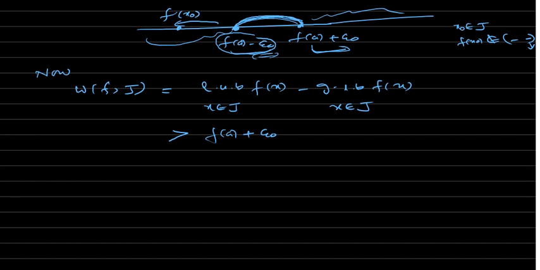So the least upper bound must be a number greater than this, and the greatest lower bound must be less than this number. Here we have f of a. The least upper bound must be greater than this number, and the GLB must be less than this. Then minus times GLB must be greater than minus times f of a minus epsilon naught.